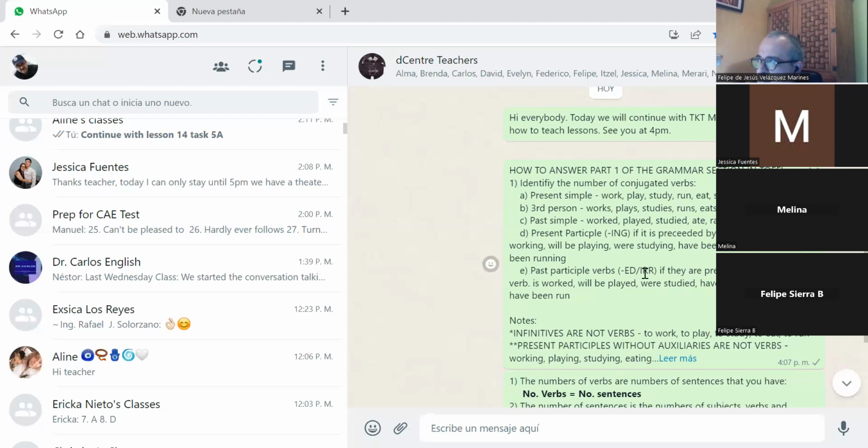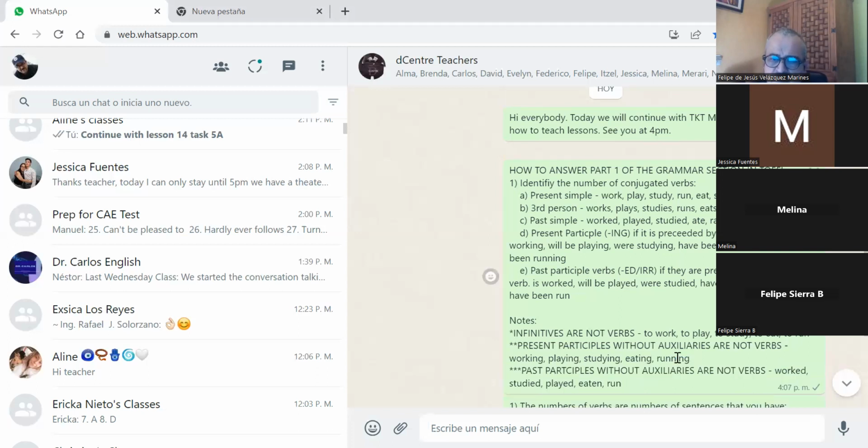It's hado, ido, but it does not come with an auxiliary verb, so we will not consider it a verb. In fact, this is a reduction of when it was finished.